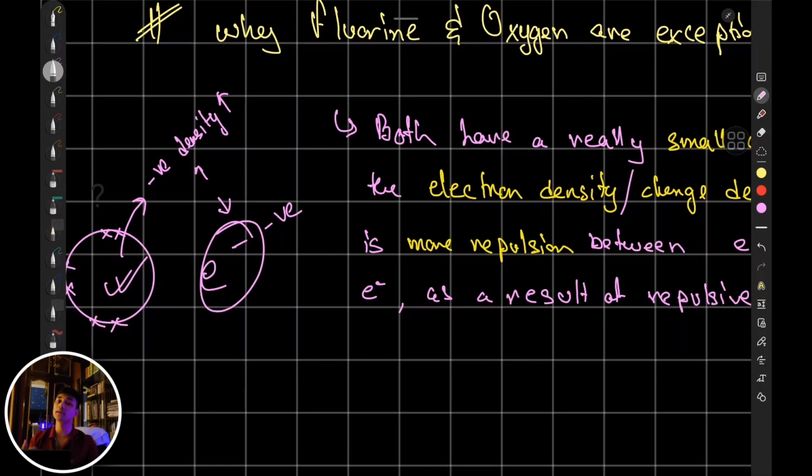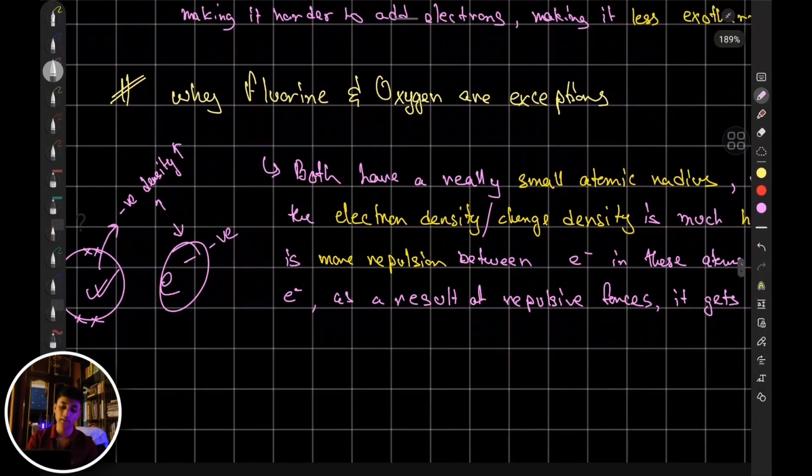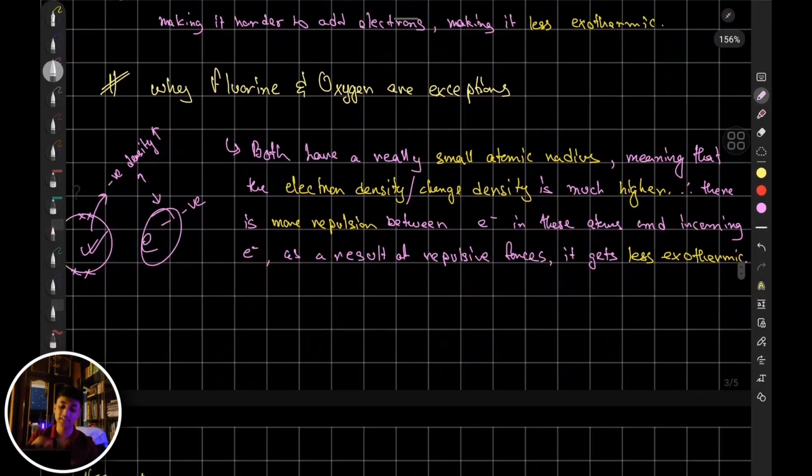There will be a lot of repulsion, and due to this repulsion, it is harder to attract the electron, since the attractive forces have decreased, and now there are repulsive forces.